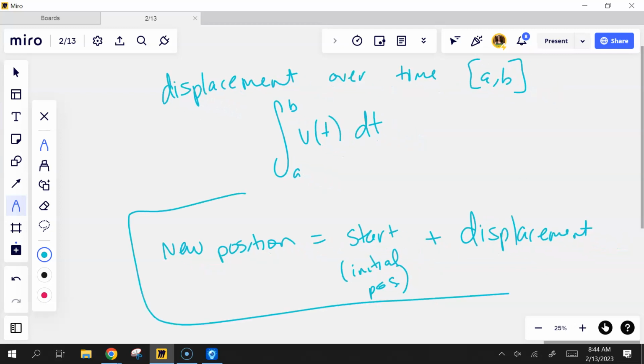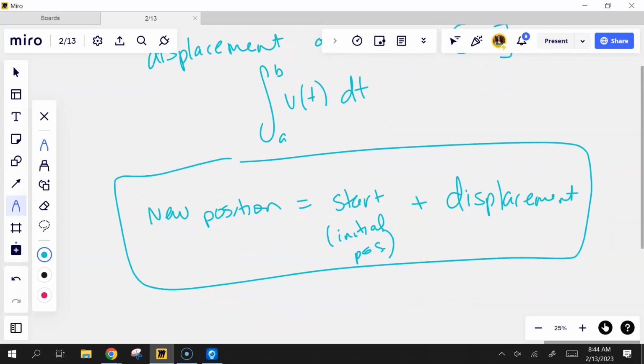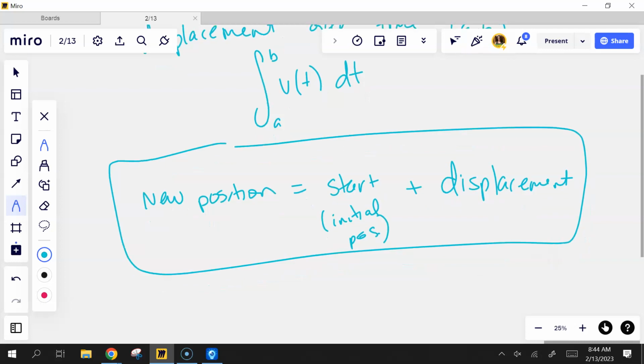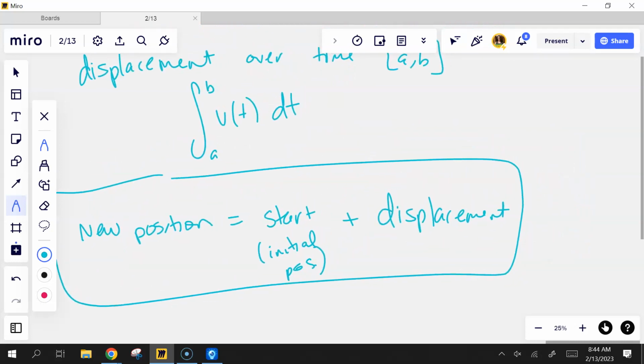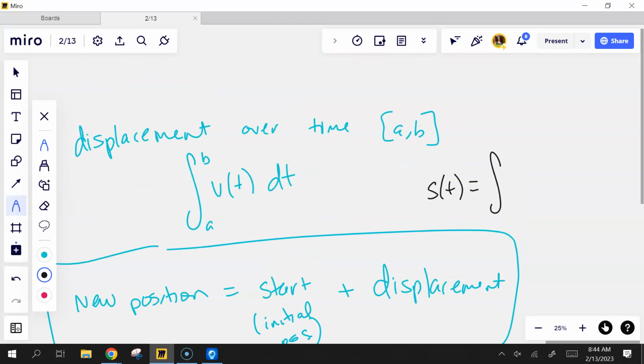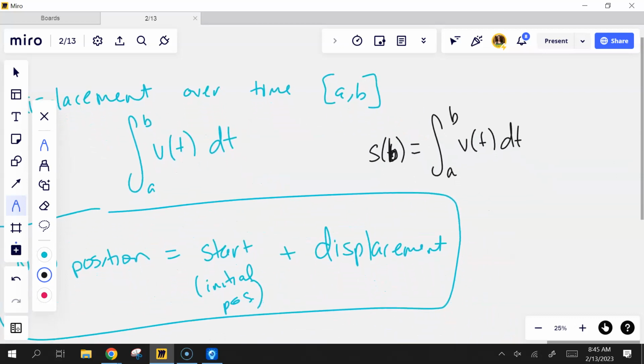If I use this concept, then to find any value, I could say that S of B, if I start at A, would be the integral from A to B of velocity plus where I started.